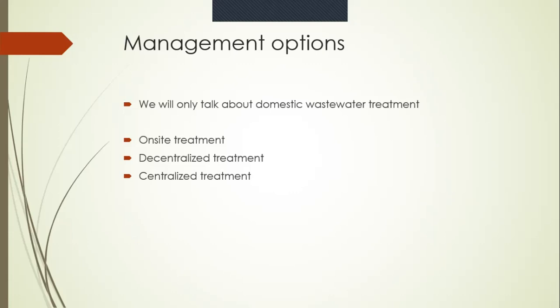And decentralized treatment, that is for building clusters or housing clusters, you will have a single treatment plant. So unlike each household having on-site treatment, maybe a small community can get together and have a single decentralized system. And they are relatively maybe in medium size.